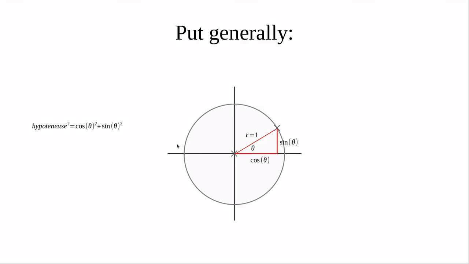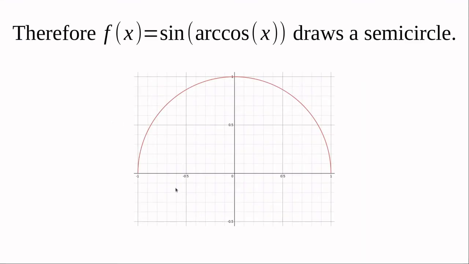Again, that's just from Pythagoras, and you may recognise an identity you are taught in GCSE mathematics: sine squared theta plus cos squared theta equals 1. But from that we have f of x equals sine of arccos x draws a semicircle. Again, arccos x is a positive function just like the square root, and that stops it being a full circle.